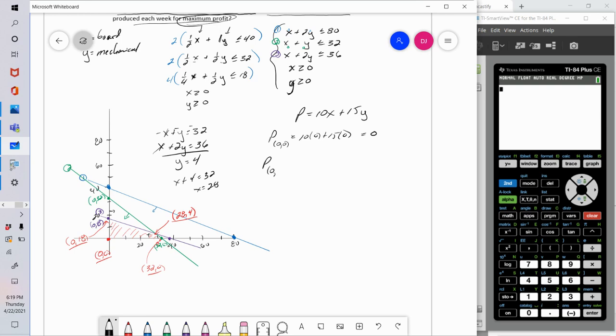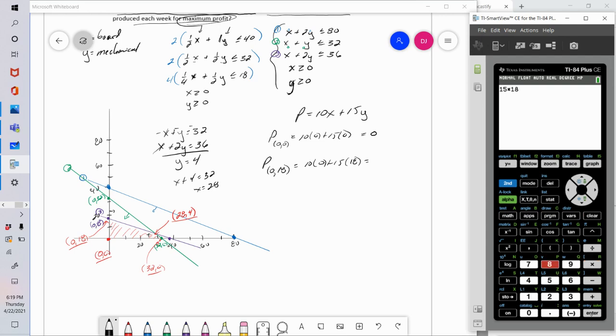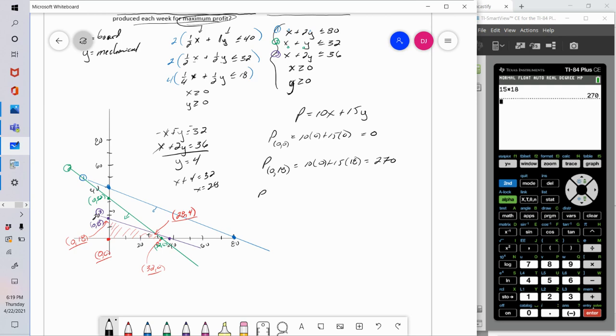If I made 0 board and 18 mechanical games, 10 times 0 plus 15 times 18 would be $270 profit. Notice I'm doing all 4 corner points.